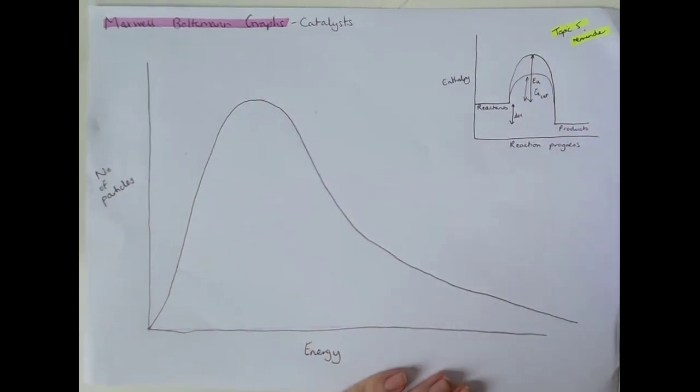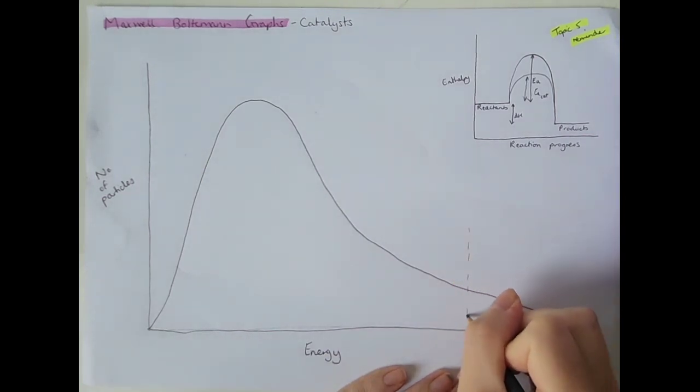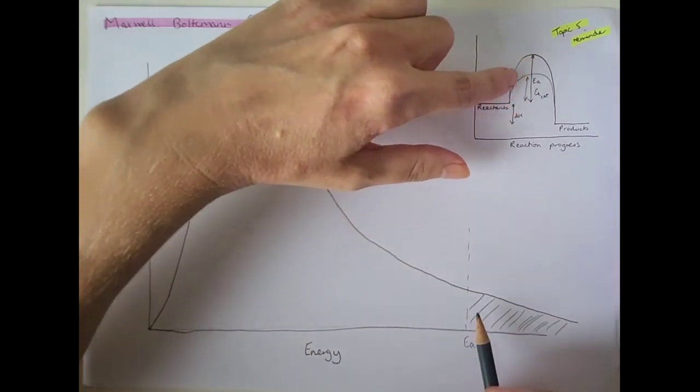So the way we would show this on our Maxwell-Boltzmann should be reasonably easy to illustrate. If this is our original activation energy, and these are our original particles, we're not changing anything about our particles. We're not changing the temperature, we're not changing any of those things. What we're changing is the activation energy required to react.